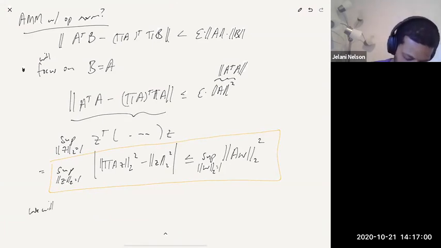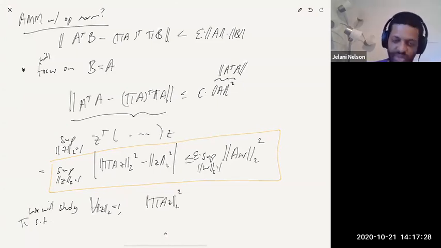We will study pi such that for all Z of unit norm, we have that the L2 norm of pi AZ squared minus the L2 norm of AZ squared is less than or equal to epsilon times the same Z. Oh, there's an epsilon here, right? So instead of the sup over W, it's the same Z. So that's the L2 norm of AZ squared.